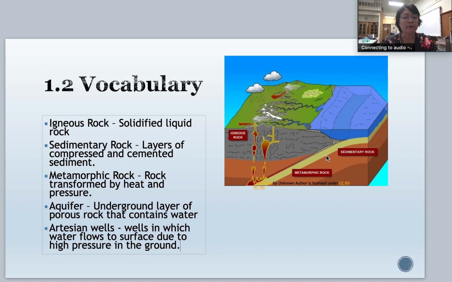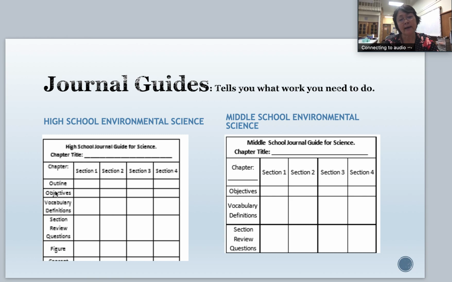And then metamorphic rock is further into the inner core of the earth, where there are high pressures and high temperatures that form metamorphic rocks. Okay. So now we're done with the vocabulary definitions.